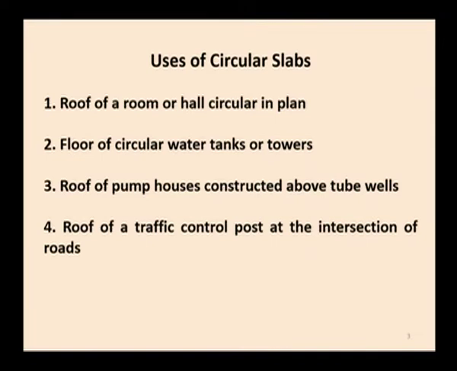So, here the circular slabs play a vital role. We also see the traffic control post, which is normally circular in shape. So, here the slab is designed as a roof slab. These are all the various uses of the circular slab, the places where we are using circular slabs.